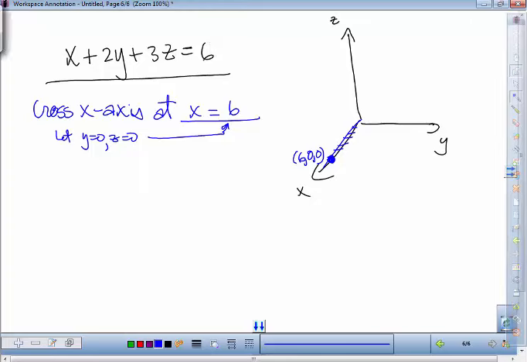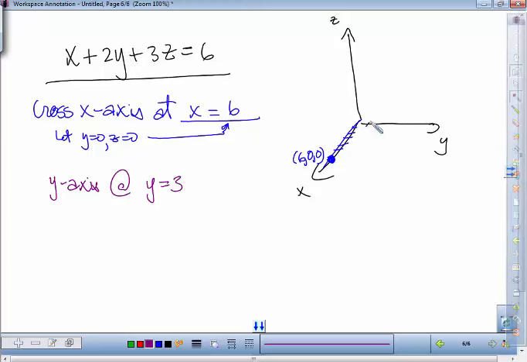Let's play the same game with the others. Y-axis, by setting x and z equal to 0 this time, y is equal to 3.